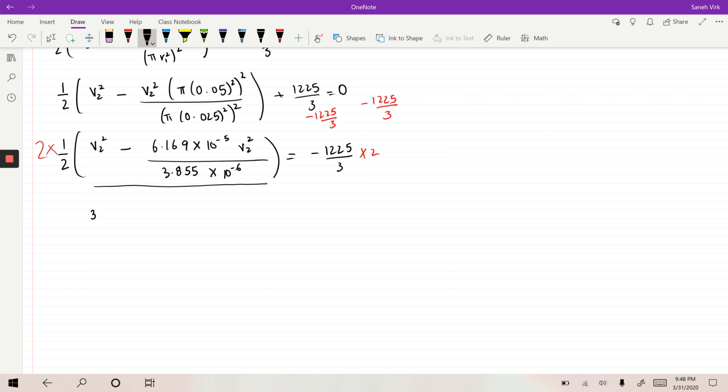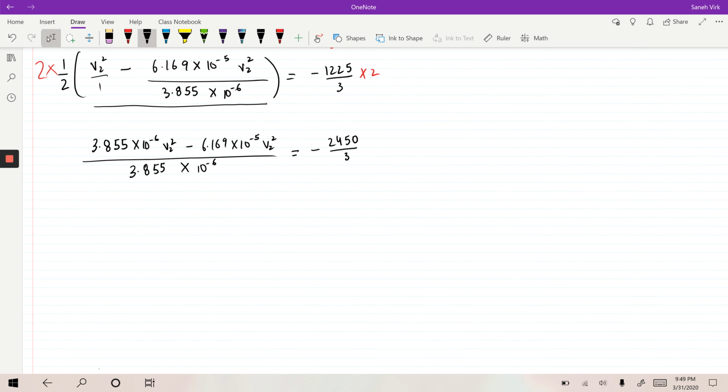That gives you your least common denominator as 3.855 times 10 to the negative 6. Since there's a 1, if you multiply the denominator by 3.855 times 10 to the negative 6, you multiply the numerator by the same thing, which gives you 3.855 times 10 to the negative 6 V2 squared minus 6.169 times 10 to the negative 5 V2 squared equals negative 2450 over 3.